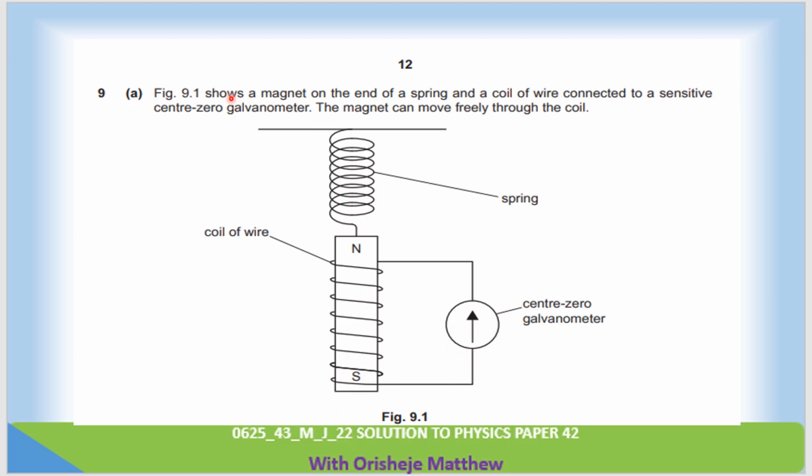Now, a magnet on the end of a spring and a coil of wire connected to a sensitive zero galvanometer. The magnet can move freely through the coil.